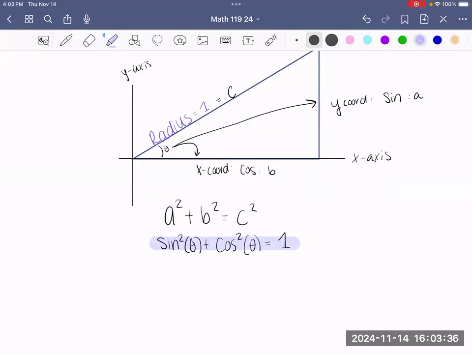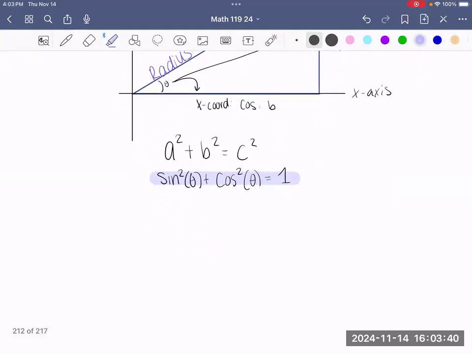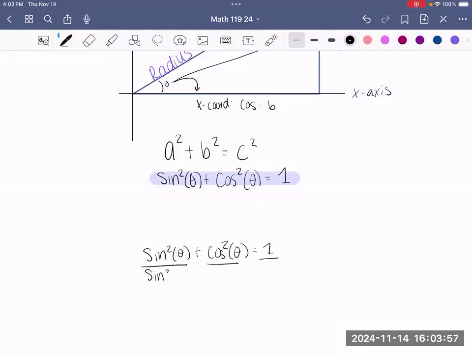And then when we come to find the other two, what we can do is simply divide by a sine or a cosine. So let's take this identity here: sine squared of theta plus cosine squared of theta is equal to 1. Now let's divide everything by your sine squared.